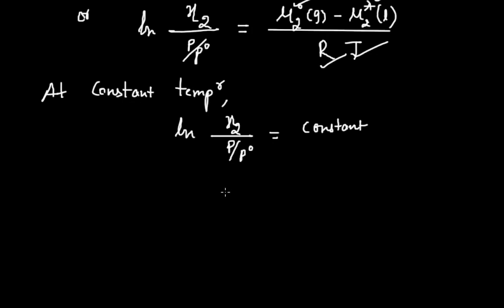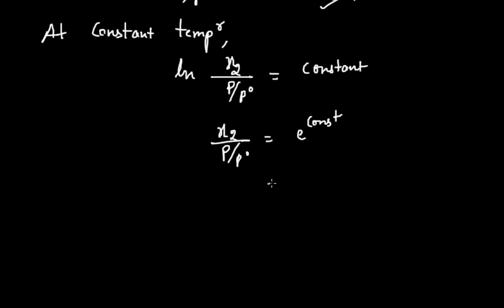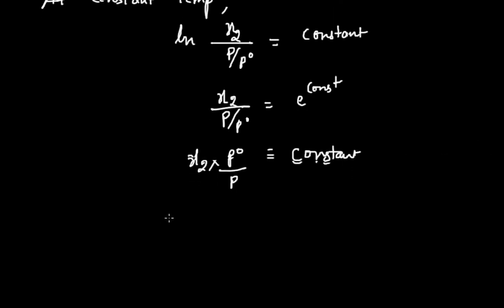Now I'll do some work here. x2 divided by p by p naught is again a constant, since e to the power constant is a constant. So x2 into p naught by p is a constant again.